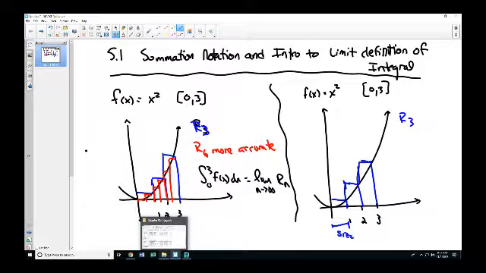We call this size Δx. The integral from 0 to 3 of f of x dx is going to be the limit as Δx approaches what value?